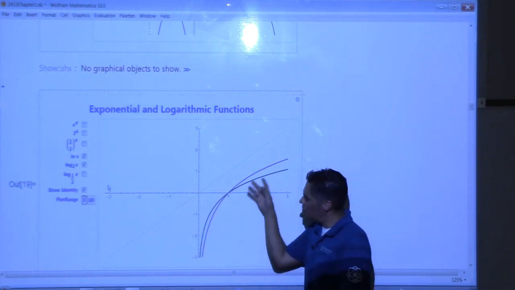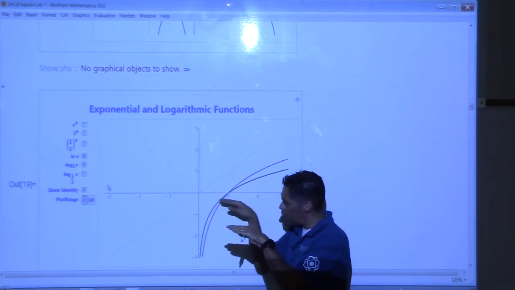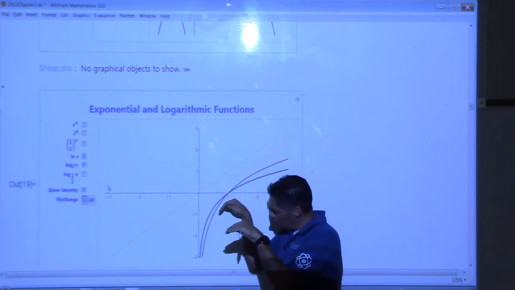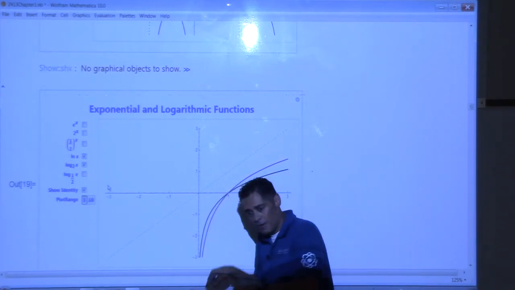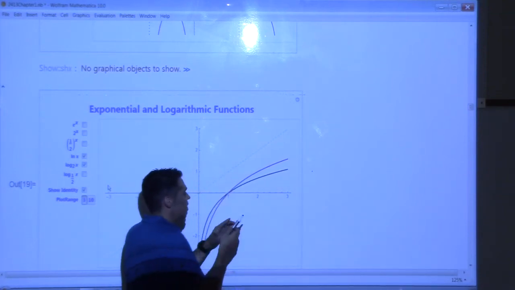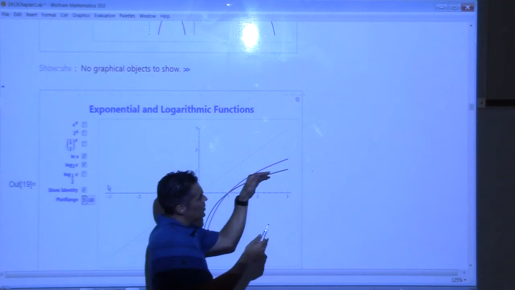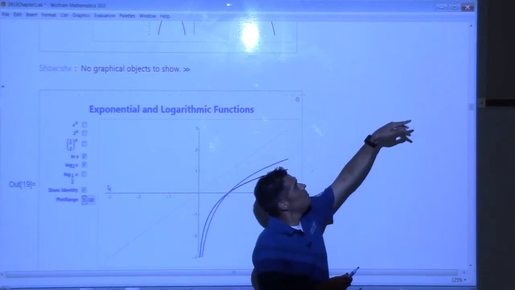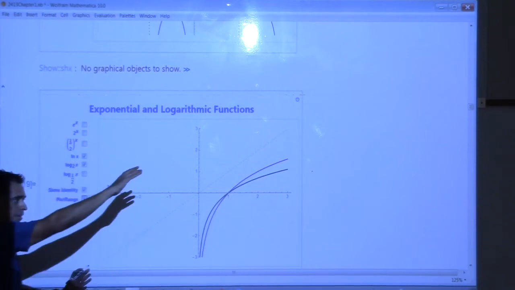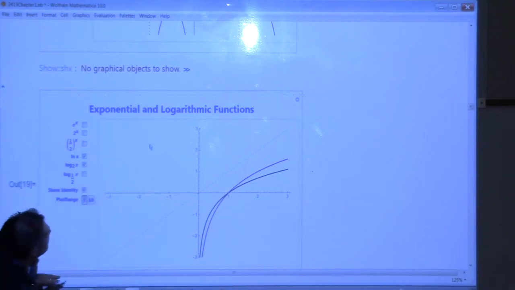What happens to log functions as you approach 0? Like if I start going this way, my graph does what? Takes off and keeps going forever, right? Like that? Okay. And then as I go this way, what does my log function do? It grows slowly, but it grows, right? And it just keeps going, all right? We're going to need that later to understand that behavior to answer some questions.